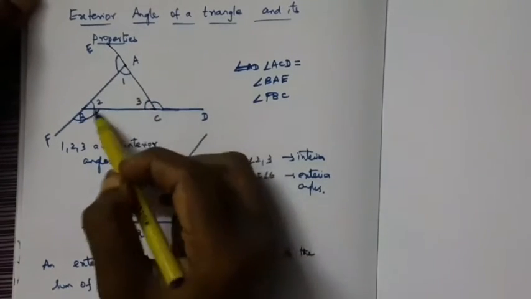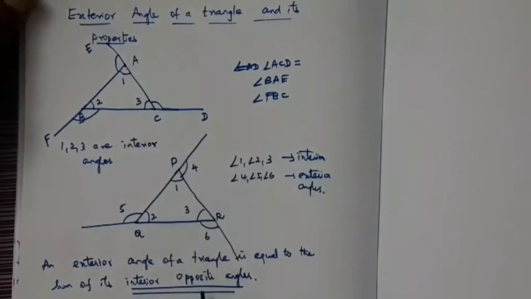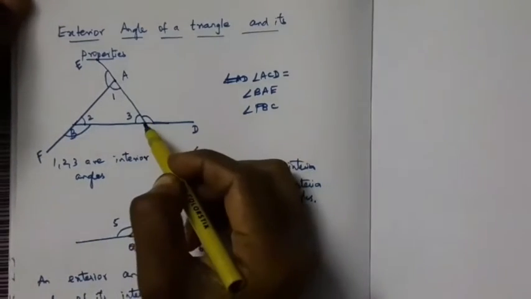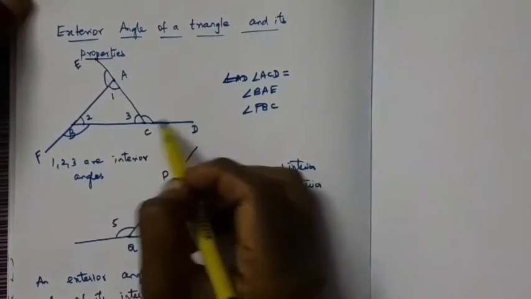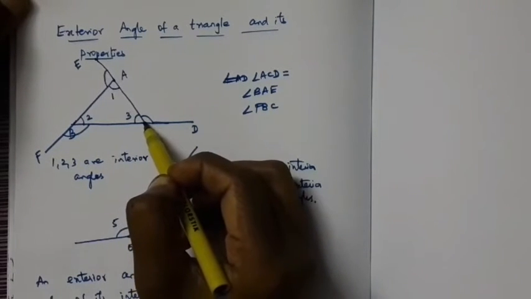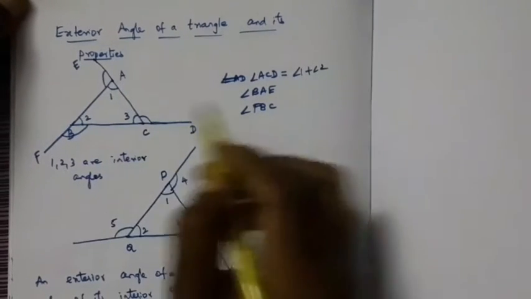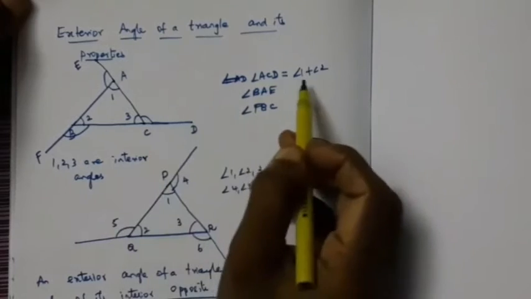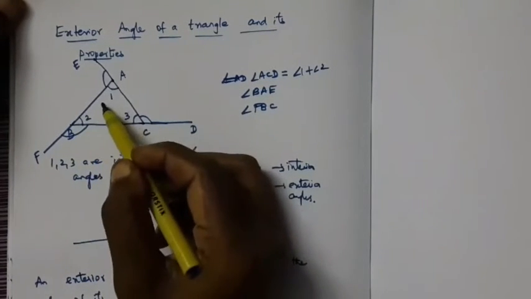There are totally 3 interior angles, 1, 2, 3. What is the interior opposite angle to the vertex C? Angle ACD is equal to angle 1 plus angle 2, the interior opposite angles.